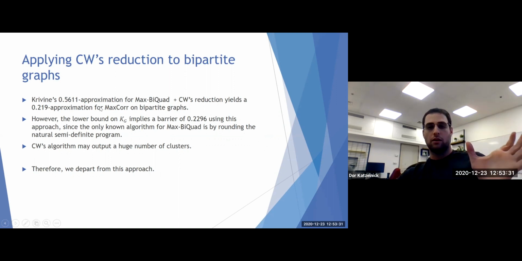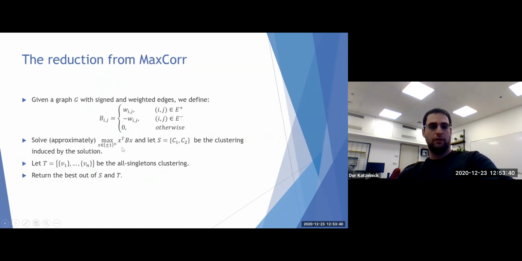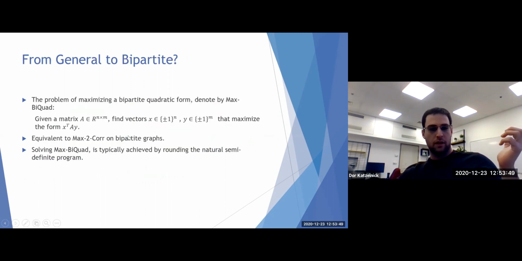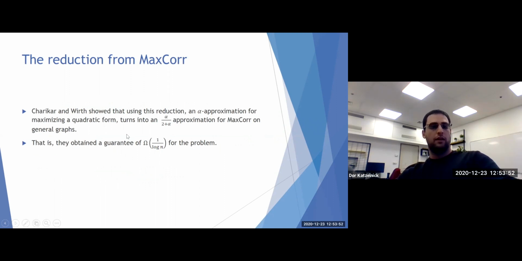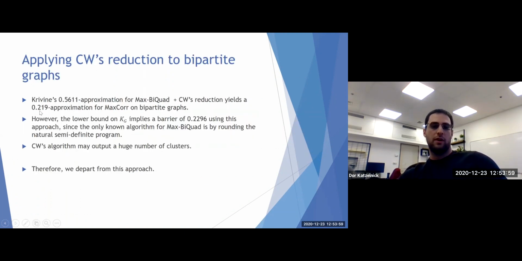So we can plug this algorithm into the Charikar-Wirth reduction, replacing the part where we solve the max quad problem with the algorithm that solves max biquad. We just use the same reduction. If you plug in this 0.5611 approximation factor, what you get is a 0.219 approximation for max score on bipartite graphs.